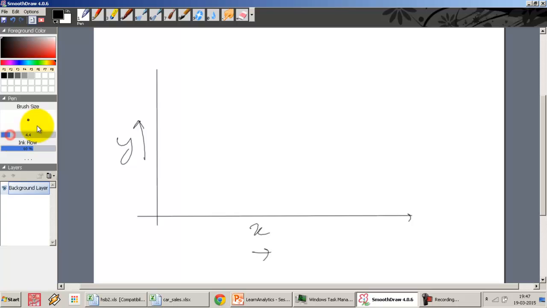And let's build a scatter diagram over here. As you can see, x and y appear to have a very strong linear relationship with each other.